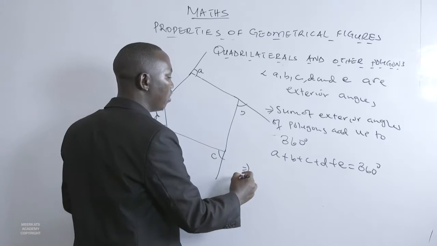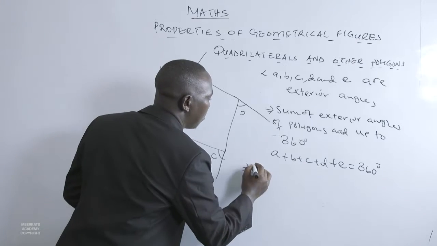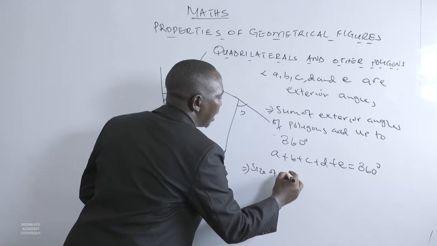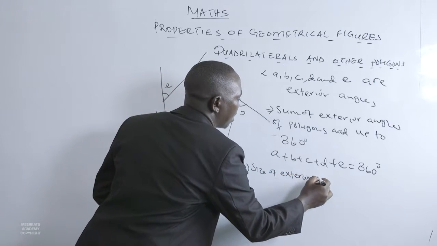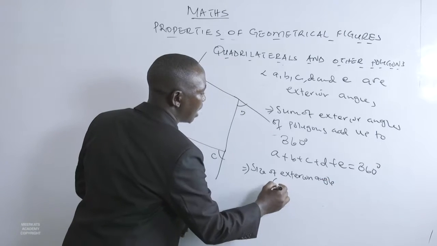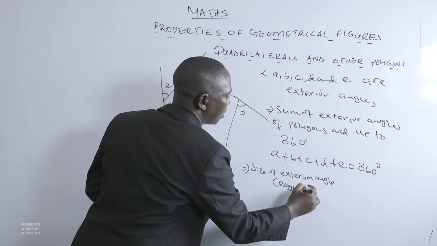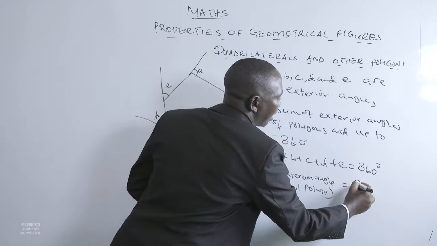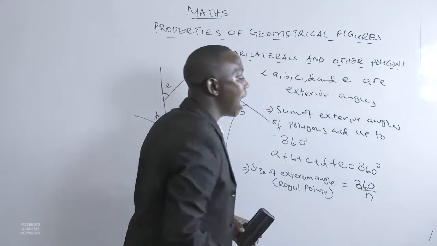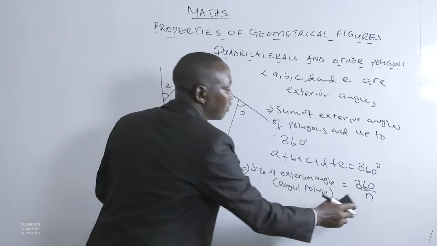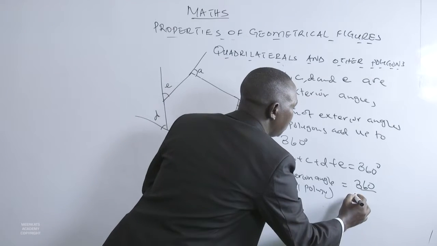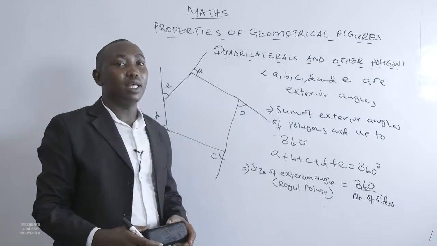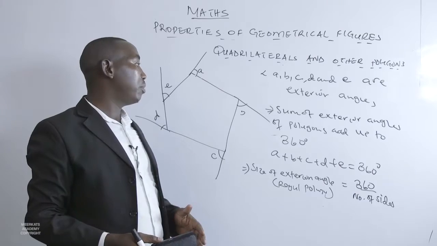And therefore, we can say that the size of an exterior angle, so long as it's a regular polygon, will be given by 360 divided by n, the number of sides that are constituting that particular polygon.